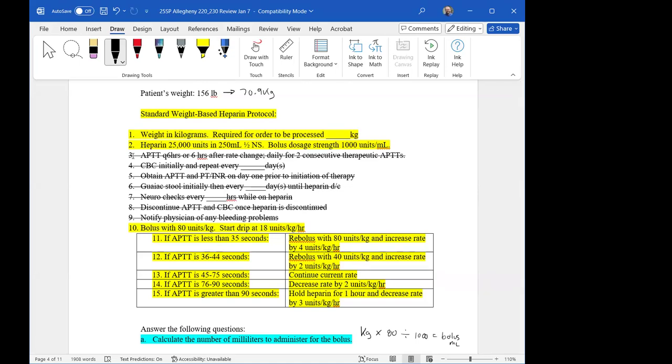Now, some of the steps are going to be important for doing the math that we're doing here with the dosage calculation. Some of it, though, unfortunately, is going to be useless because it has nothing to do with the math that we're calculating. And so what I did, and you unfortunately will not see it like this on your test, is I highlighted what's important and I crossed out what's not important.